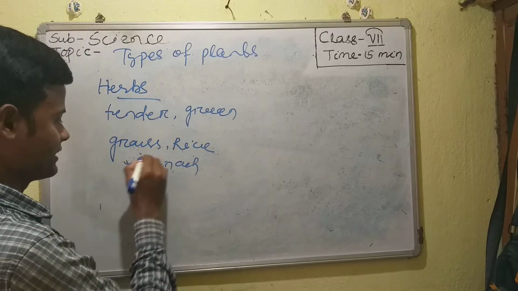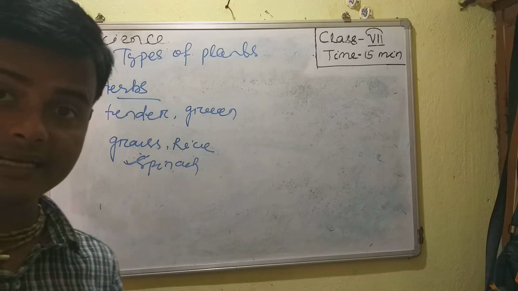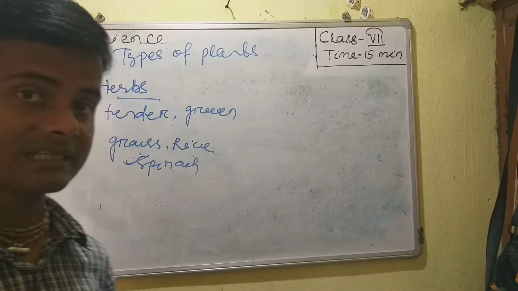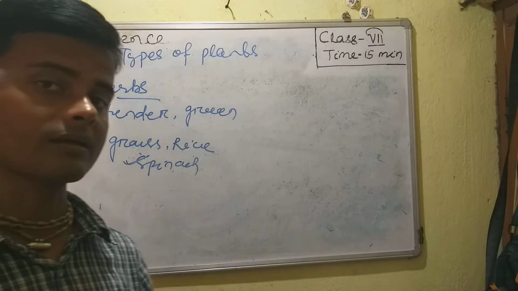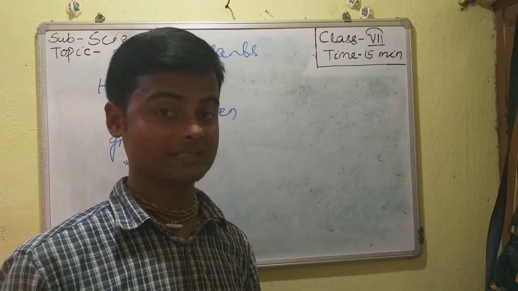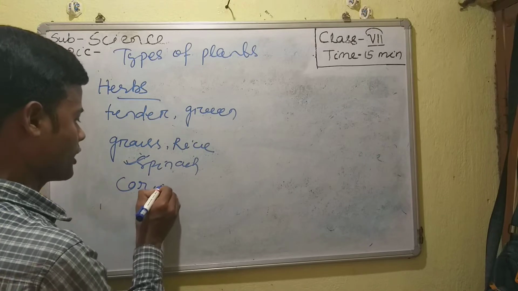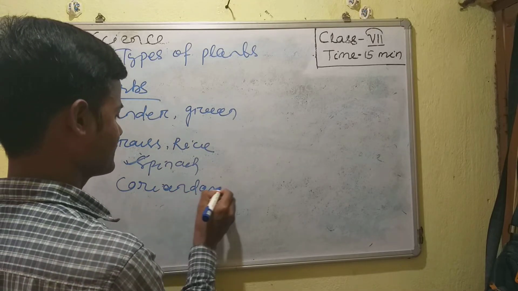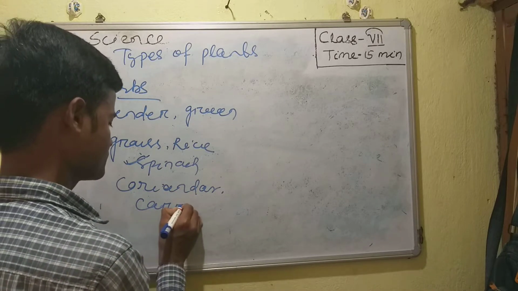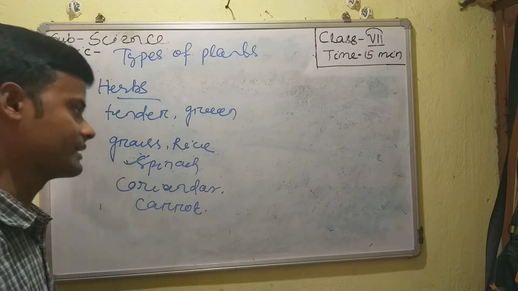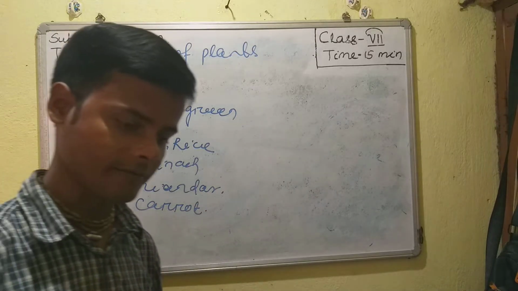We use spinach in our daily life. Coriander is also a herb. In our daily life we use it for cooking curry, and especially in salad. So these are the herbs: coriander, carrot, right? We use them in our daily life.